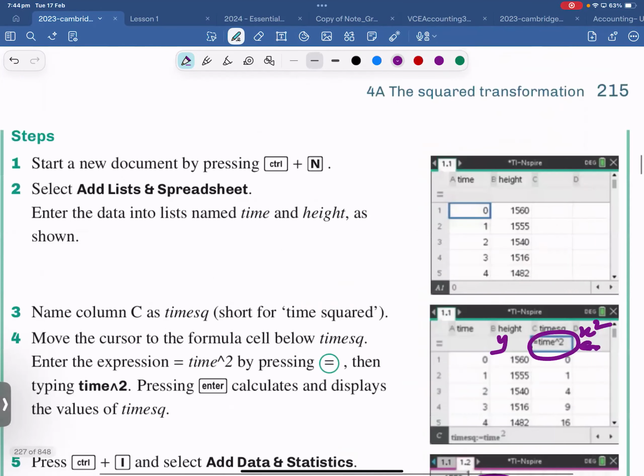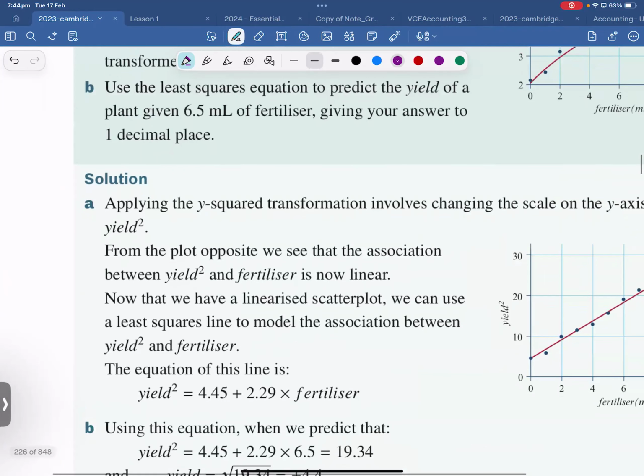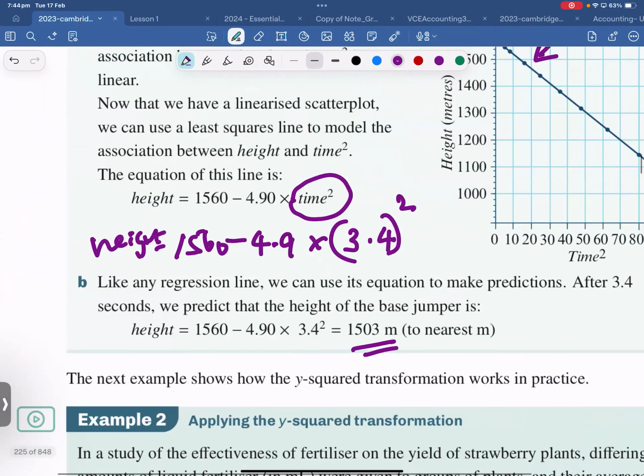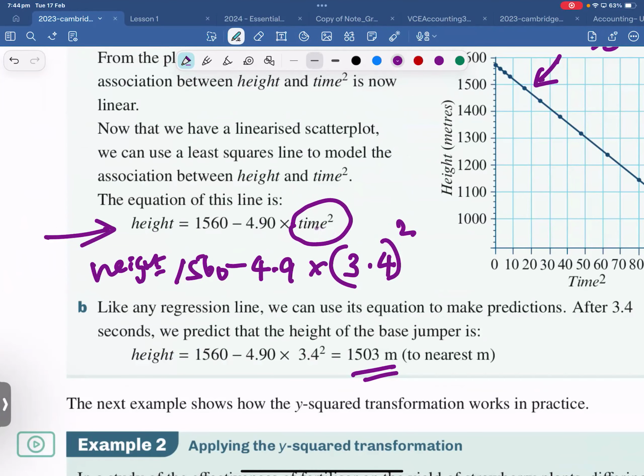Then for the time we substitute 3.4, then 3.4 squared, and then we can find the height. Clear or not clear?